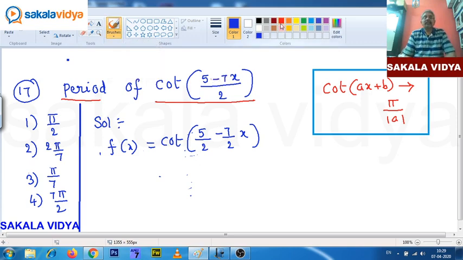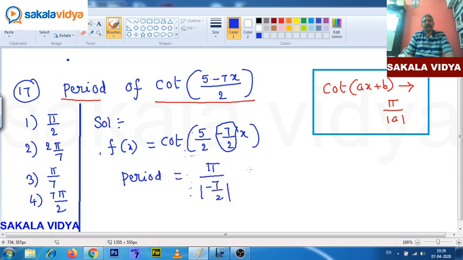So now we need to concentrate. Here the x coefficient is minus 7 by 2. That is why the period is equal to pi by mod of minus 7 by 2. This equals pi by 1, the modulus is always positive, 2 by 7, that is equal to 2 pi by 7. So the second option is the right option.